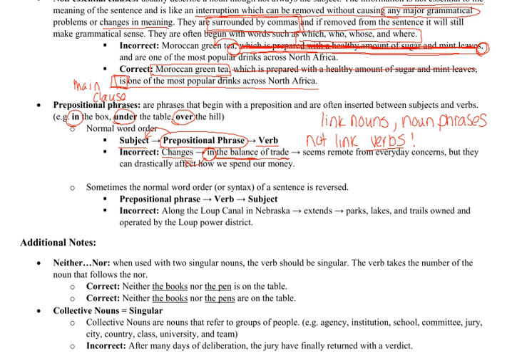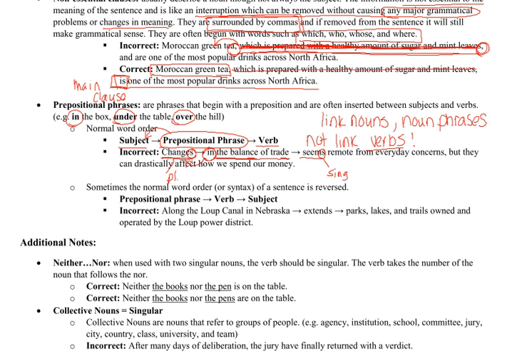Changes seems remote sounds wrong, and it is wrong because changes, that noun has an S, which means it's plural. Now the verb seems has an S, which actually means it's singular. Because if you remember our earlier conversation, verbs with S's are that third person singular, the he, she, it, singular.